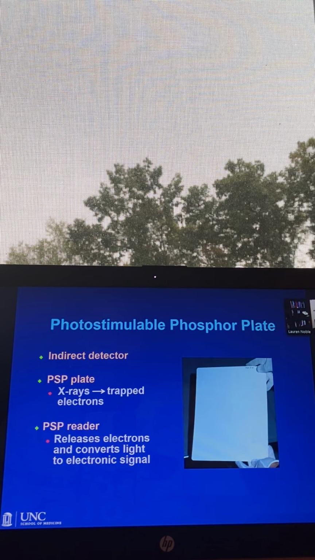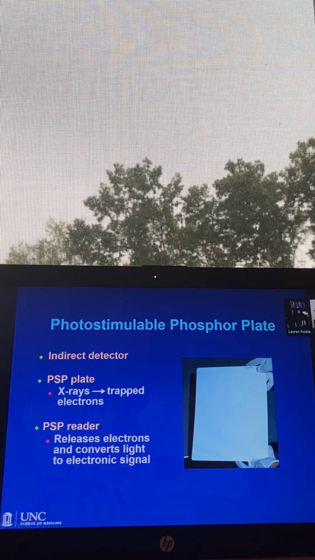Okay. All right, so let's start with the PSP plate. So PSP plate is a type of indirect detector. And you've seen this image before. I took the PSP plate out of the cassette down in the lab and took a picture of it. There's a protective coating on it, of course, so you can't actually see the phosphor crystals, but that's what the plate looks like. Now, the PSP plate itself will capture the X-rays, and the X-rays will actually get converted to electrons, okay? But you need to hold on, because I've just said it's an indirect detector, okay?